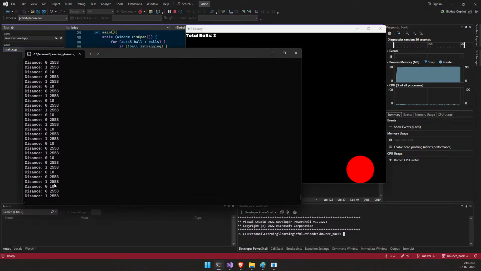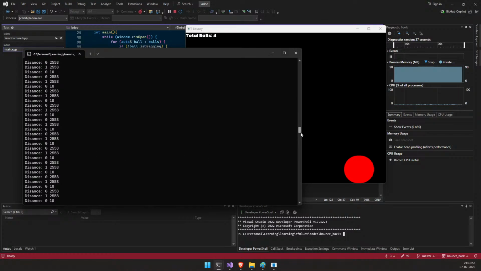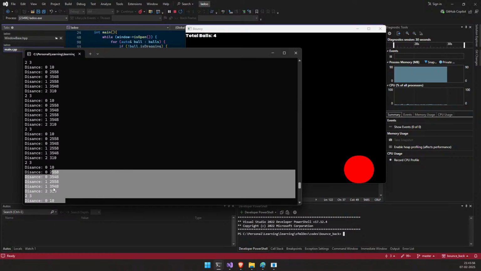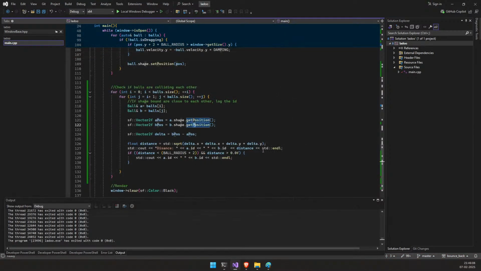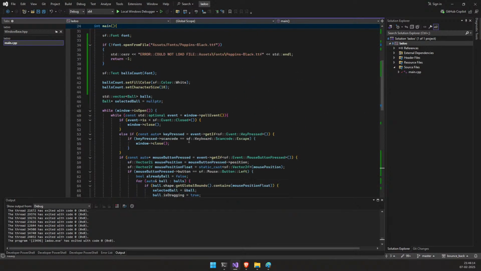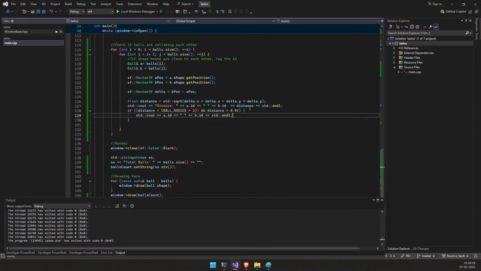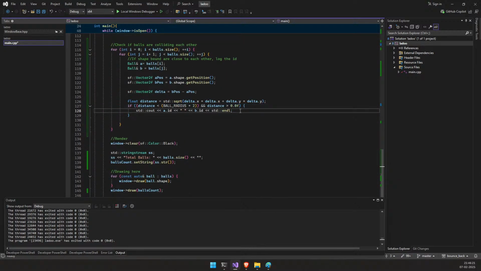For them, we should get some 0. So here we are getting this, means they are colliding.